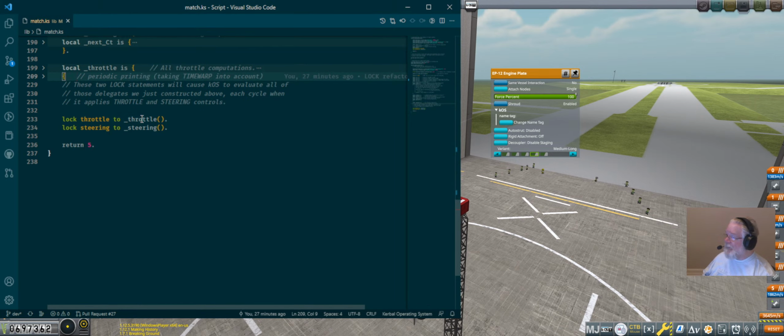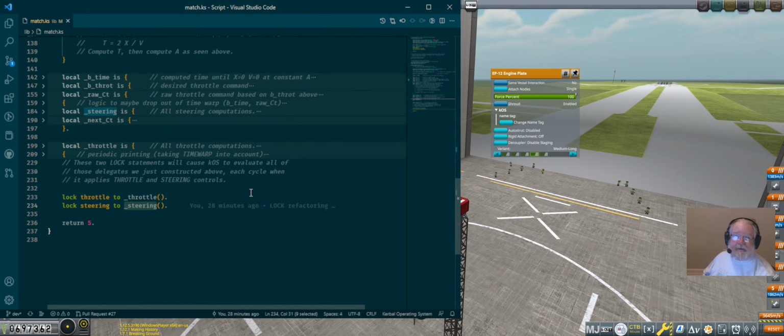So the moment we do this, KSP will start calling these throttle and steering delegates, which will perform all of the computations to get there. Now, up until now, we've just been saying, well, here's the delegate that performs it, and here's the new delegate that takes the old delegates and performs the new thing. So there's our logic.